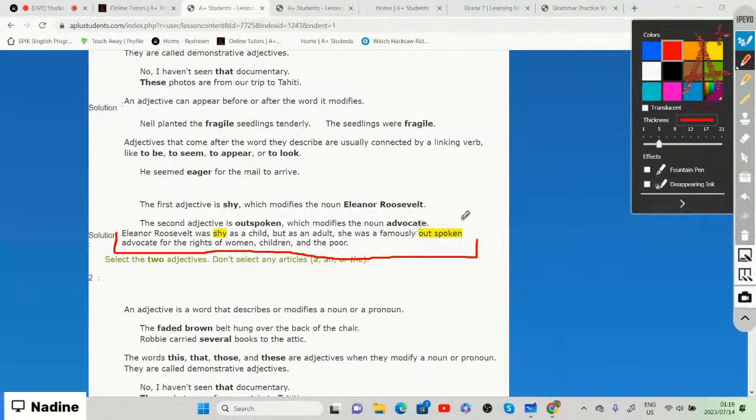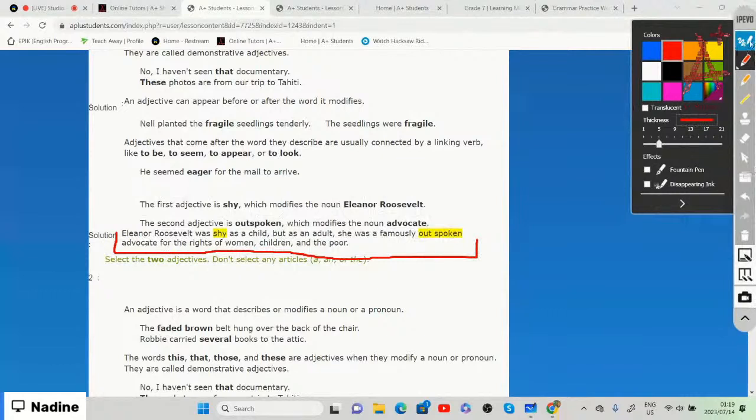So outspoken is the adjective and it modifies, or tells us about, basically her profession. So she's an outspoken advocate. And also, you see, we did not underline or select any articles within that sentence, because that does not show it is an adjective.